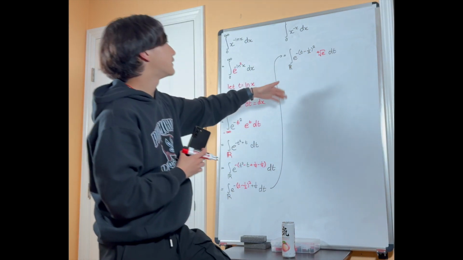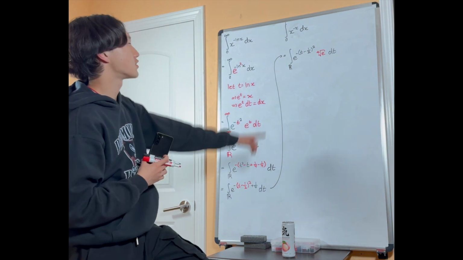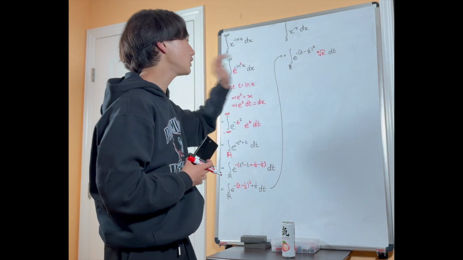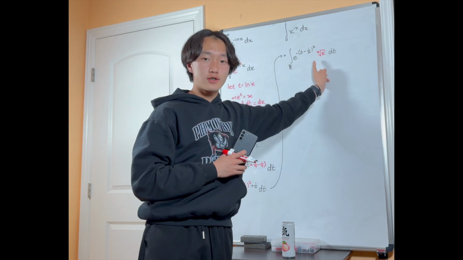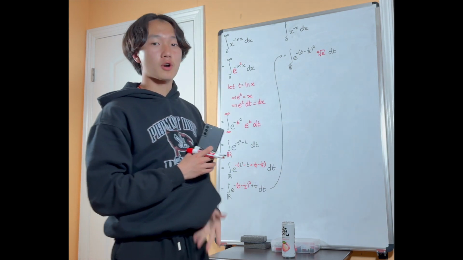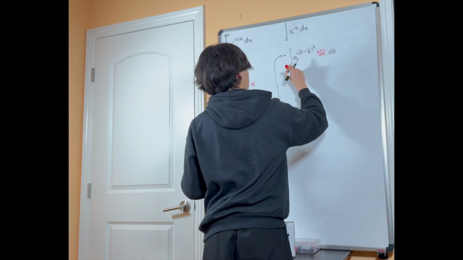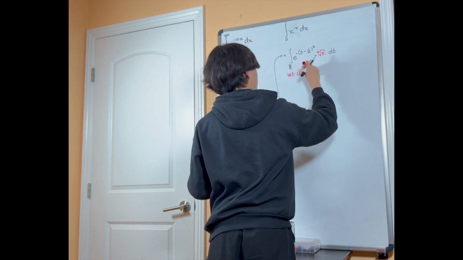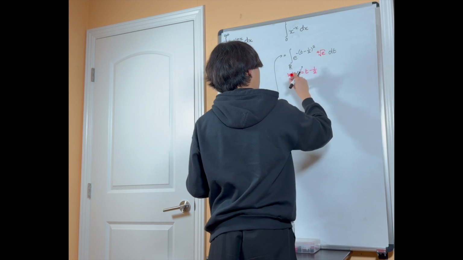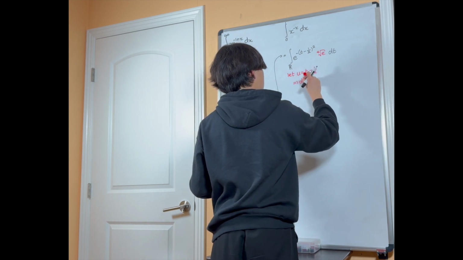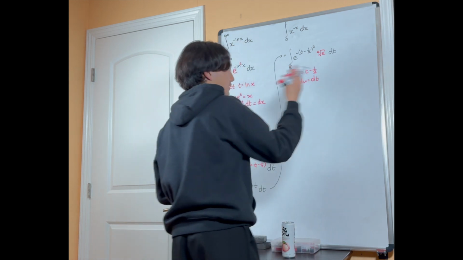But here, this takes the form of the Gaussian integral because you're integrating over r. And in here, if you just make a quick u substitution, it works out. So let's just make a substitution. Let maybe u equal to t minus 1/2. Differentiate both sides, du, and on the right side, dt.